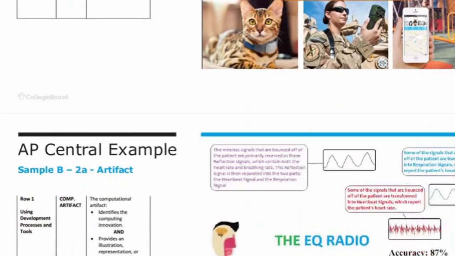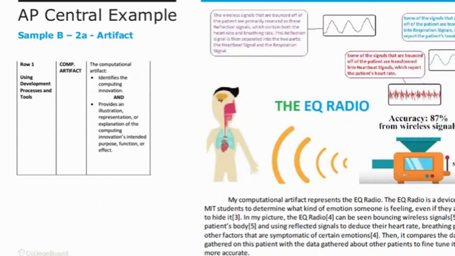I don't need to look at the written response to tell me how this artifact is telling me about the purpose. This next one, however, this EQ radio, when I looked at this, I saw, oh, it picks up the person's heartbeat, it picks up their respiratory system. All right, that's interesting. It must be used for healthcare some way. And then in reading about it, I found out that it's actually about determining someone's emotions.